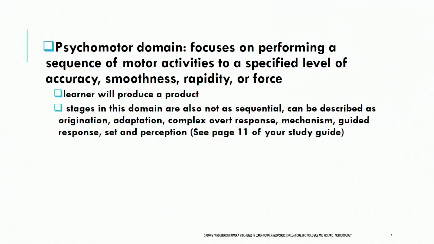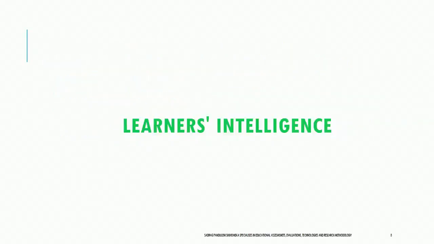So in this specific domain, you assess with tools that will enable learners to think at that level where they will be able to come up with what we call a product. And that product can be knowledge, or a physical product that you can physically touch, see, and maybe utilize. I said you need to make use of your study guide and look at page 11.